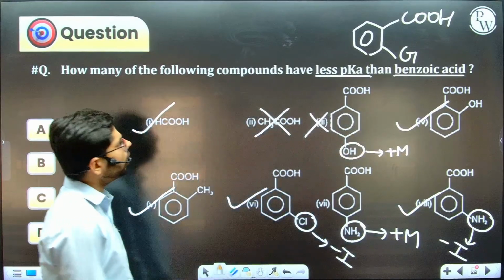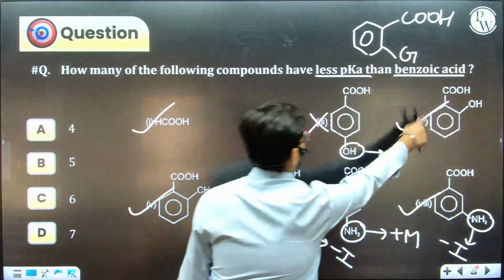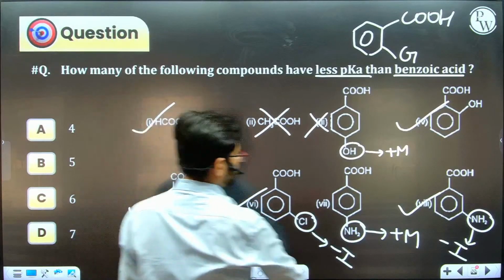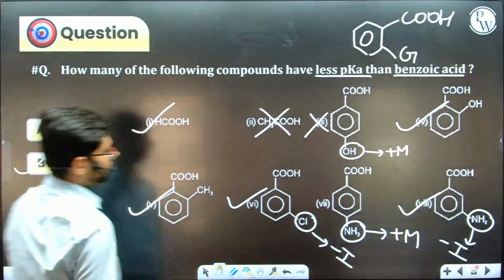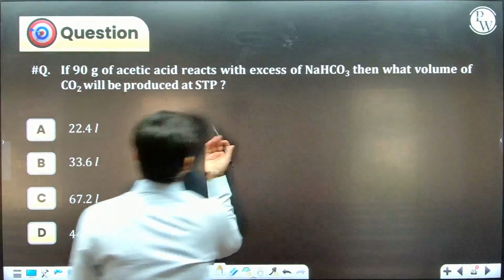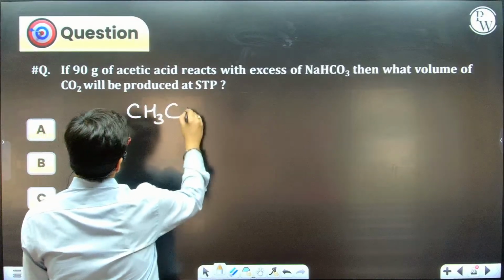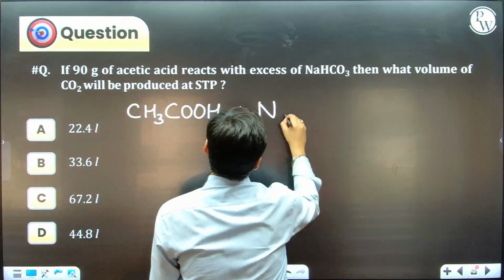So how many are more acidic than benzoic acid? 1, 2, 3, 4, 5. Okay. Easy question, you have to write down the reaction. Acetic acid is CH3COOH reacting with NaHCO3.